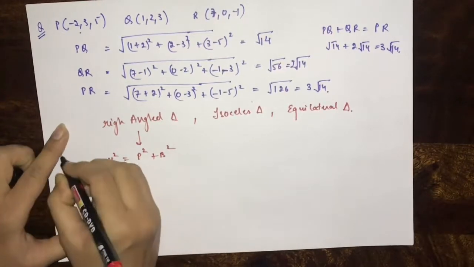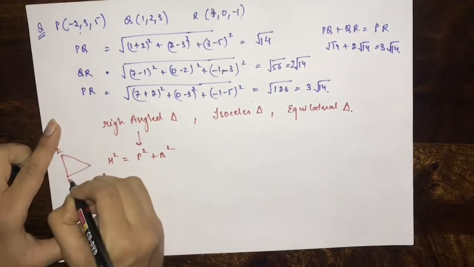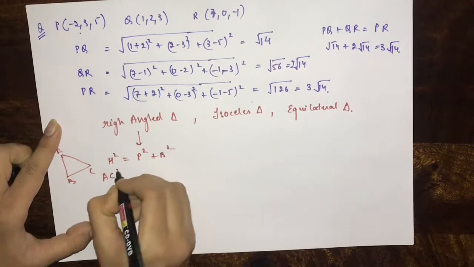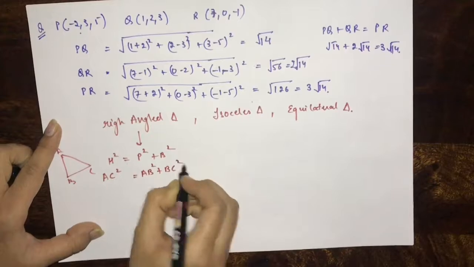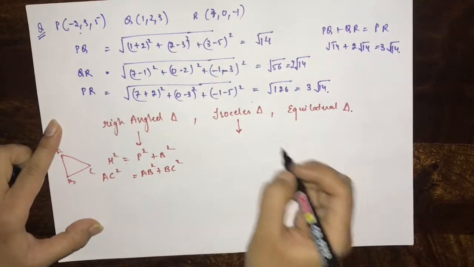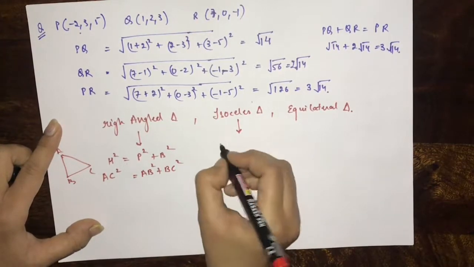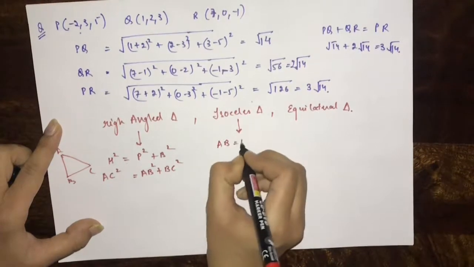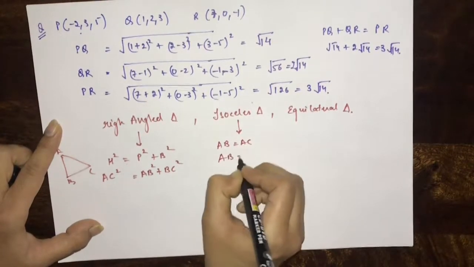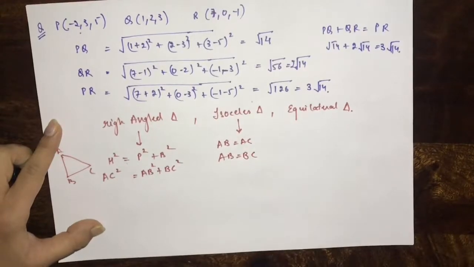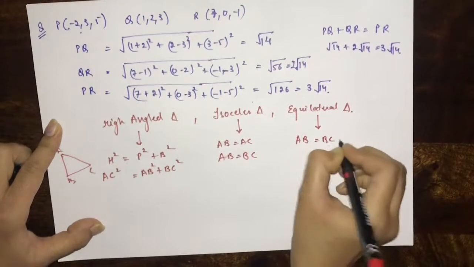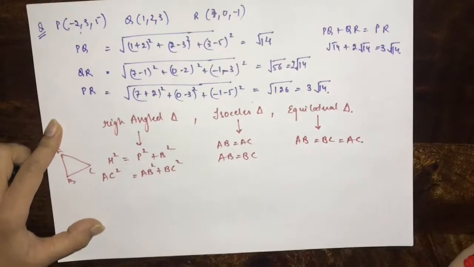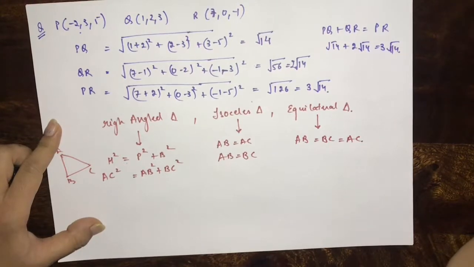That is, say, if you have this triangle ABC, your AC square should be equal to AB square plus BC square. For an isosceles triangle, any two sides should be the same. Say AB is equal to AC or AB is equal to BC. Any two sides should be equal except the third one. For an equilateral triangle, all the three sides will be the same. सारी की सारी बराबर होनी चाहिए.